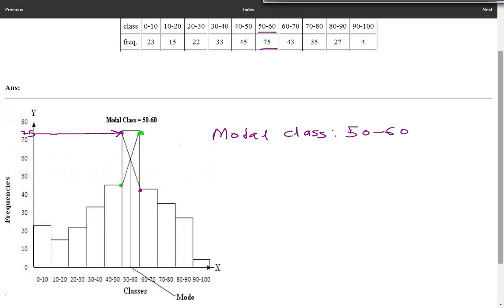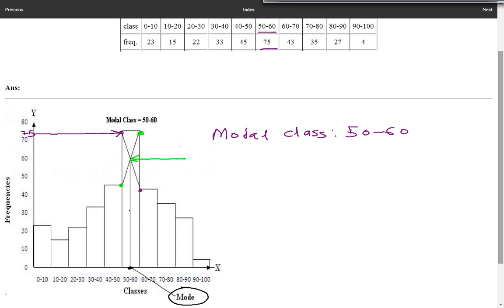Then from the point where these lines intersect, drop a perpendicular line to the x-axis, and the point where this line meets the x-axis is the mode. So this is how graphically we find the mode of group frequency distribution.